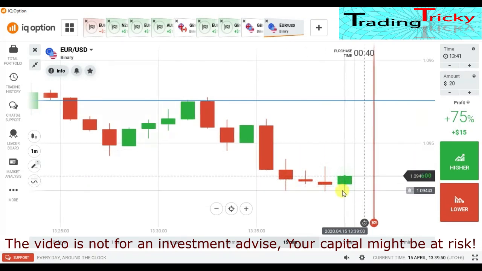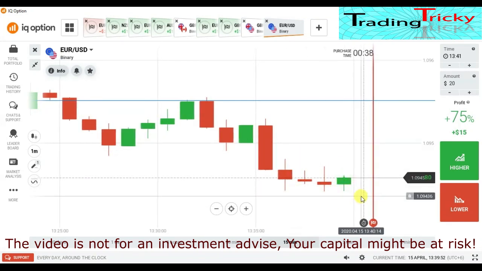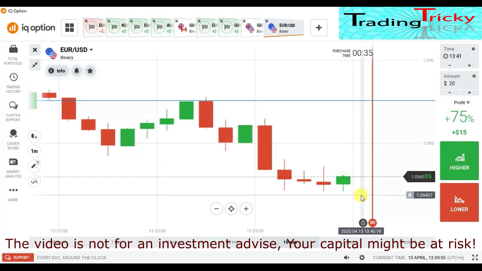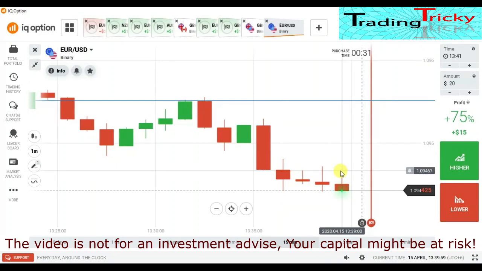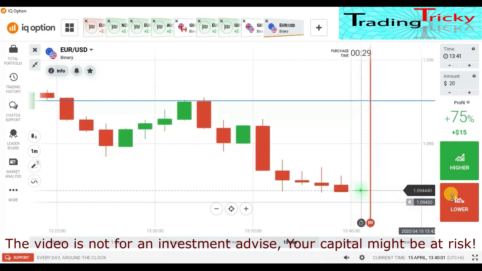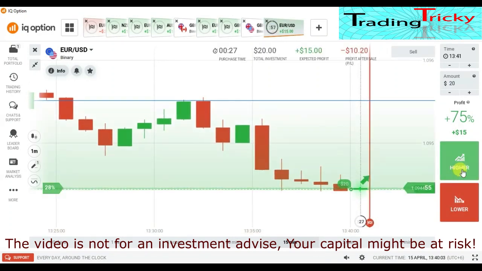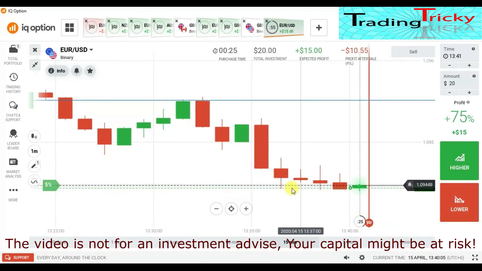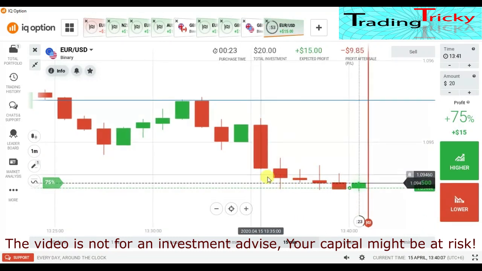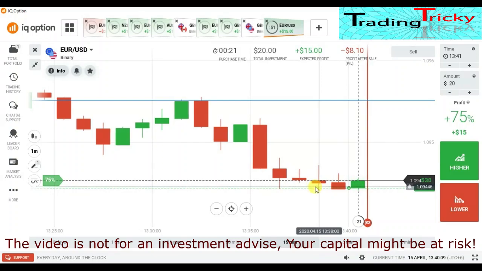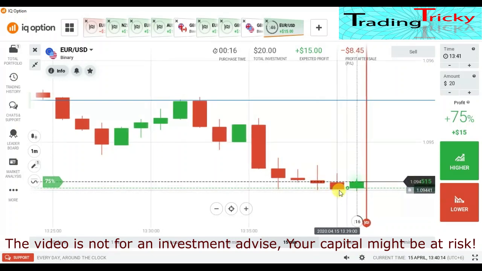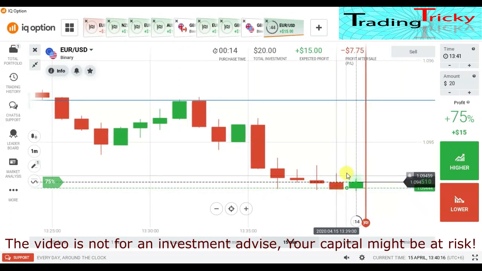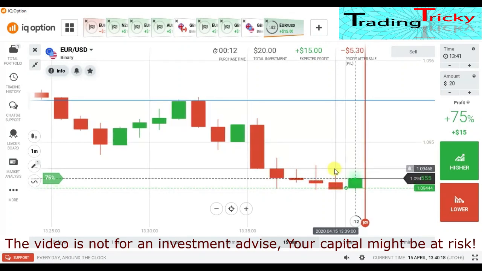In this situation, you should always place a trade with some marginal safety. See the strong sellers' entry. Okay, I'm going to place a higher option because I saw some rejection by the buyer from this level, and this candle closed at the level, and I saw some buyers' entry in this candle also.